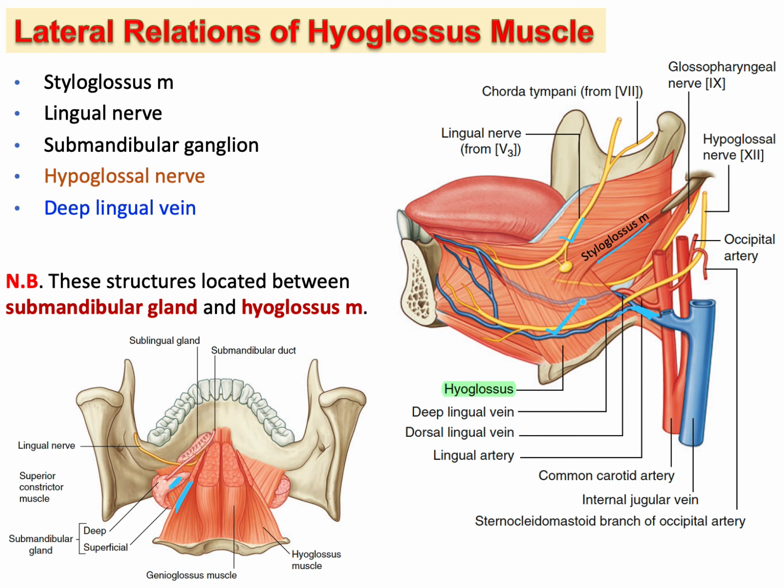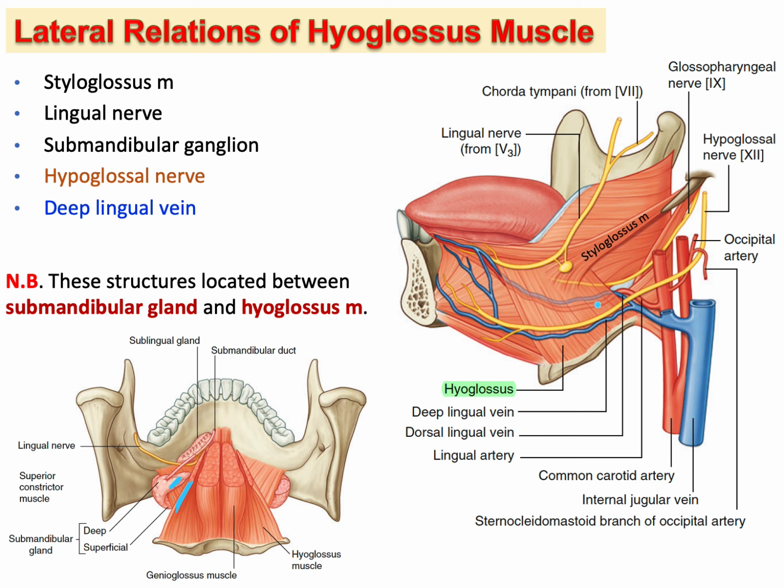However, what we have until now: styloglossus muscle, lingual nerve, hypoglossal nerve, cranial nerve number 12, deep lingual vein, and there is a very important structure here, which is the submandibular ganglion. We'll talk about it after a couple of slides, or at the end of this lecture, when we talk about the innervation of submandibular gland.